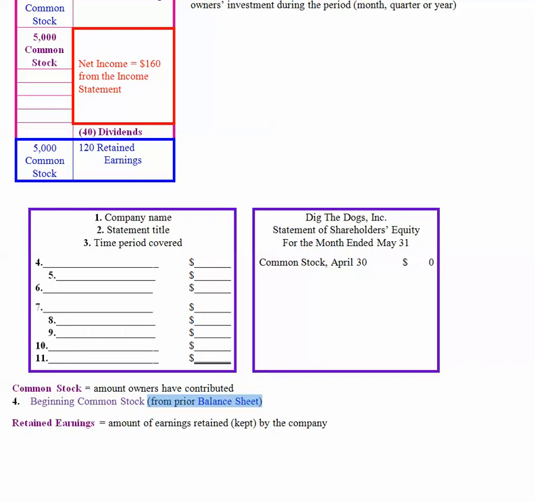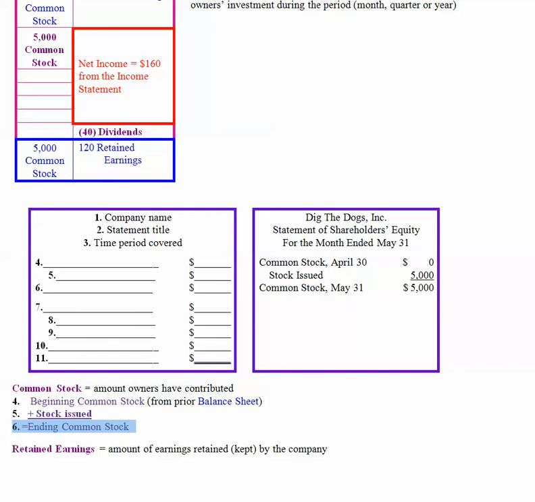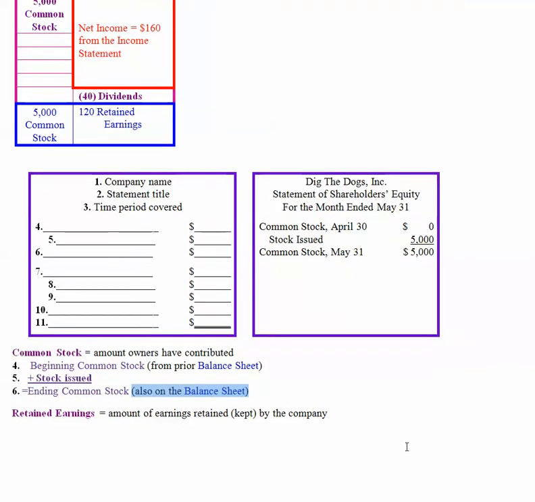The next line item is what we're going to do. And number 5 is we're going to get the stock issued. So that stock issued is 5,000, and that came right off here. So in other words, you're looking for any activity in this column, and that'll give you your ending stock balance, and that's going to show up on the balance sheet as well. So I'm going to scoot this up a little bit.